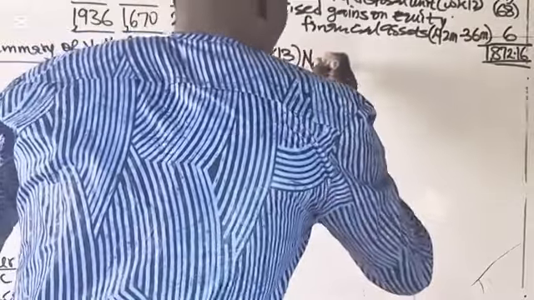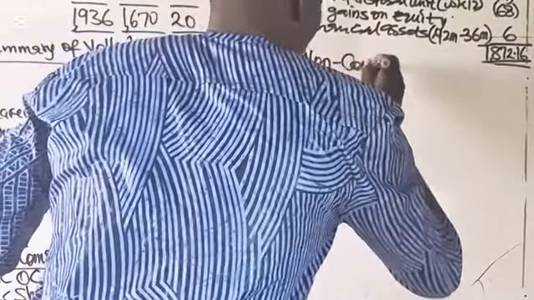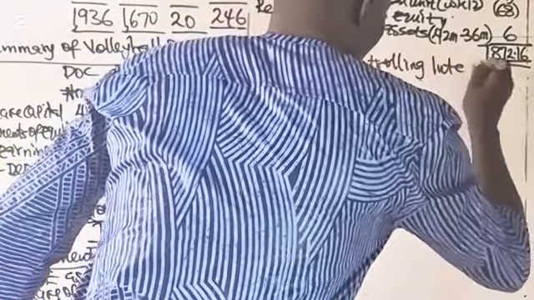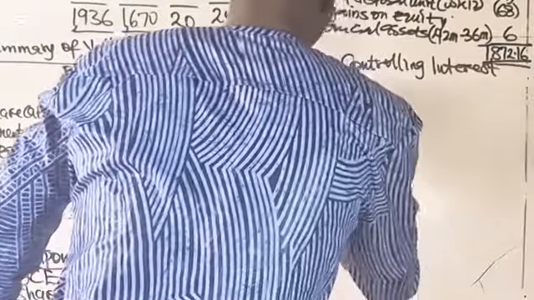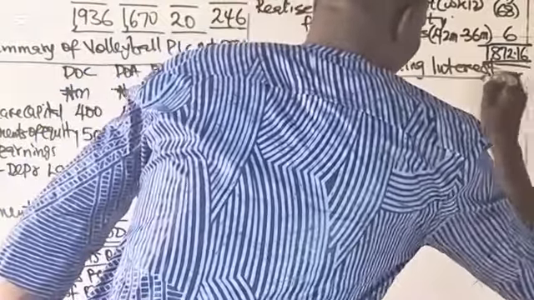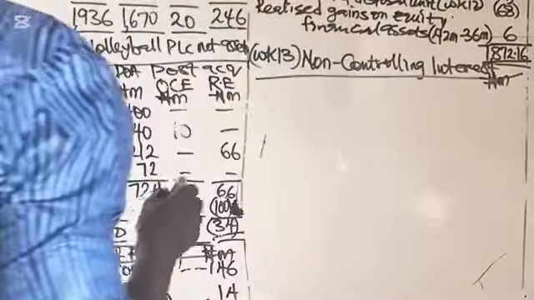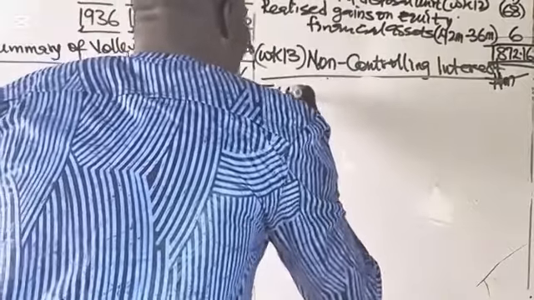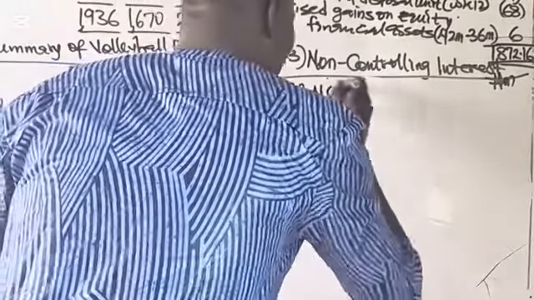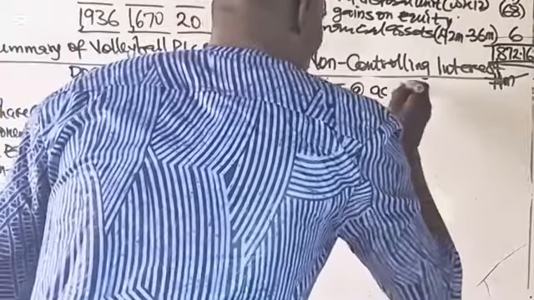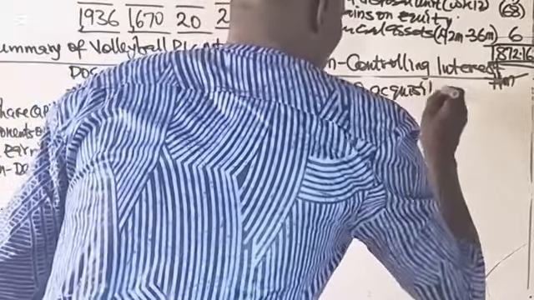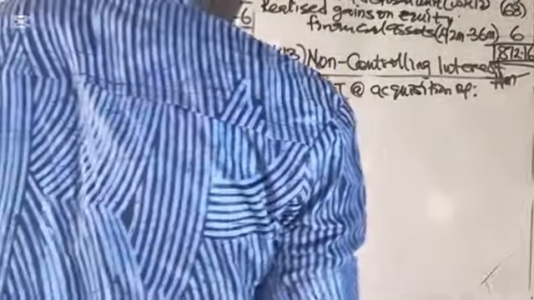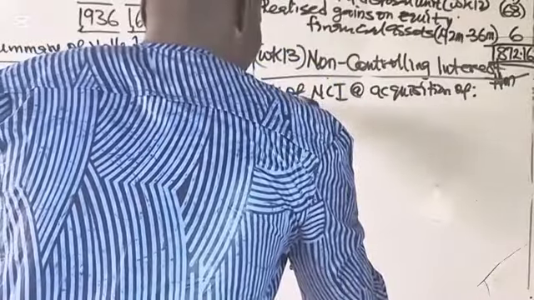So non-controlling interest. The starting point for the calculation of non-controlling interest is the fair value of non-controlling interest at acquisition, when Football was acquired.